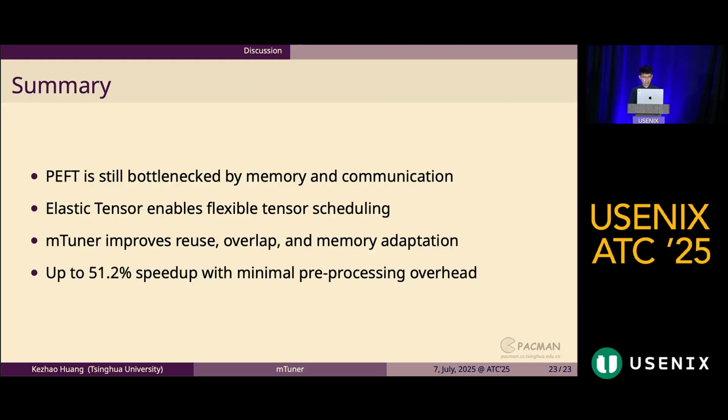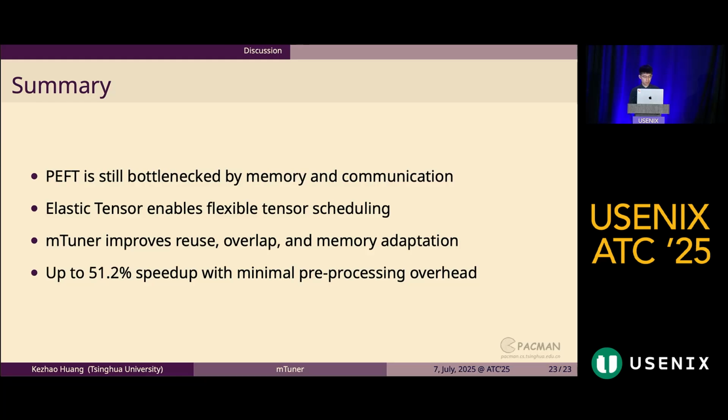To sum up, here are the key takeaways from this work. First, even with parameter-efficient fine-tuning, we are still limited by memory and communication overhead, especially on constrained hardware. Second, our proposed abstraction, Elastic Tensor, introduces the flexibility needed to better schedule tensor lifecycle.